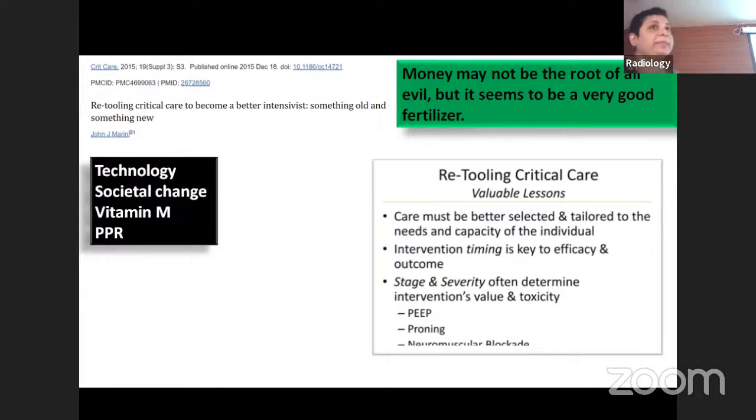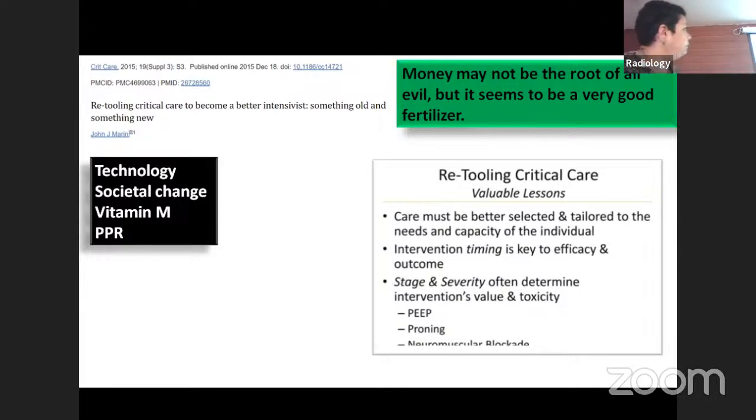So fluid bolus, not whenever there is a hypotension. There are certain prerequisites that have to be met. I'm giving a very oversimplistic example. Then the stage and severity will determine the intervention's value and toxicity. When you apply what kind of PEEP, when you prone, when you give a neuromuscular blocker, what neuromuscular blocker you give, for example.